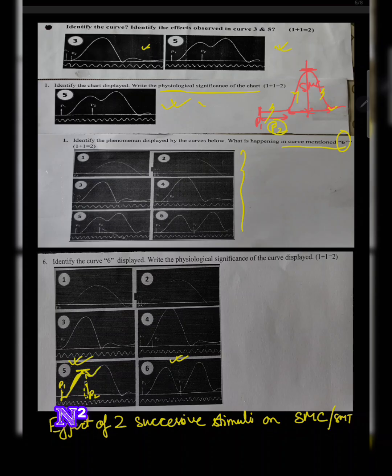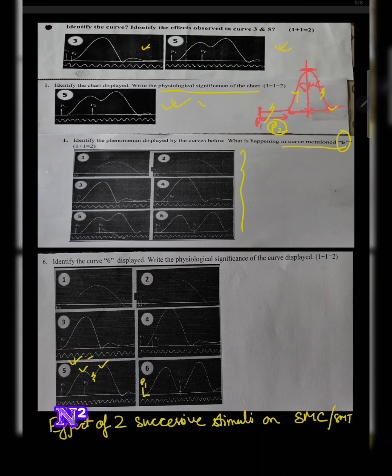Immediately it responds with another curve which is bigger than the first curve. So you get a typical feature of two peaks in this curve which are fused in the middle.